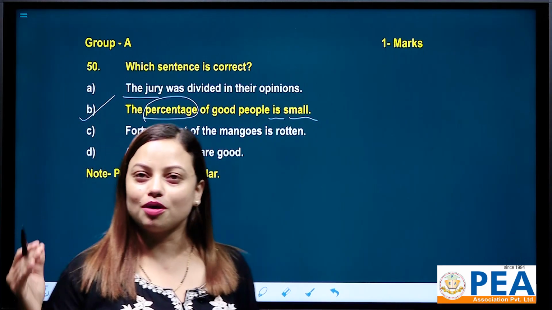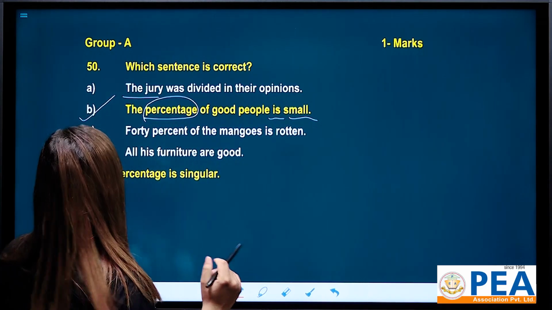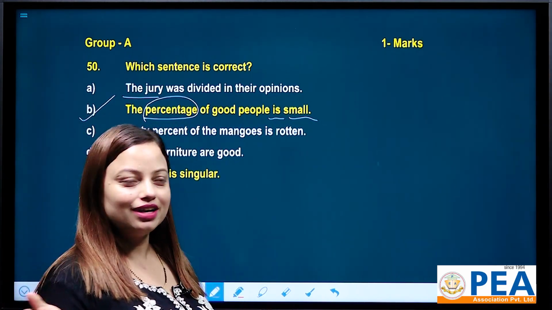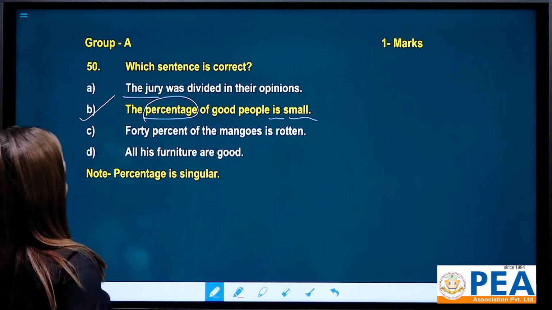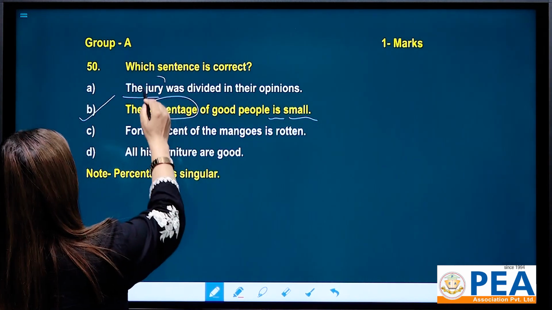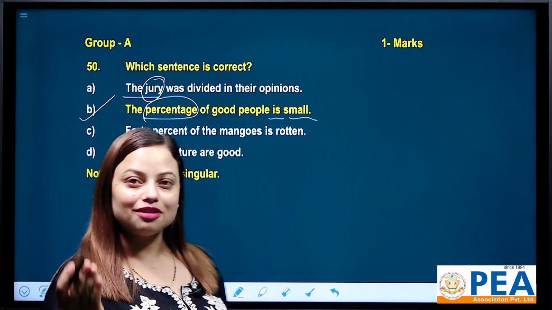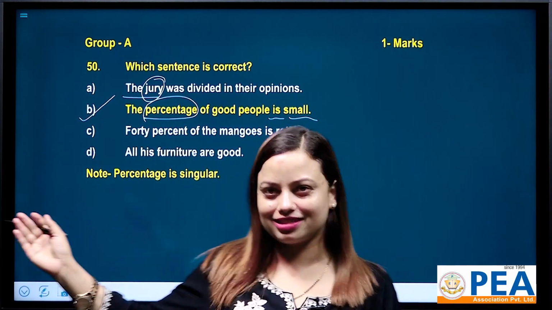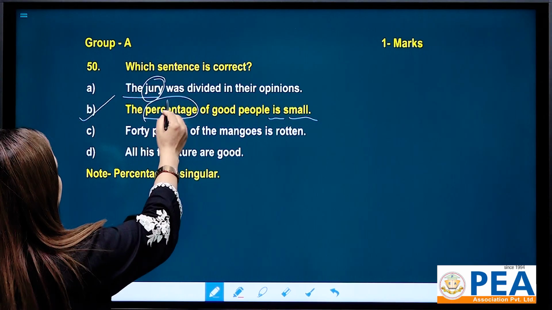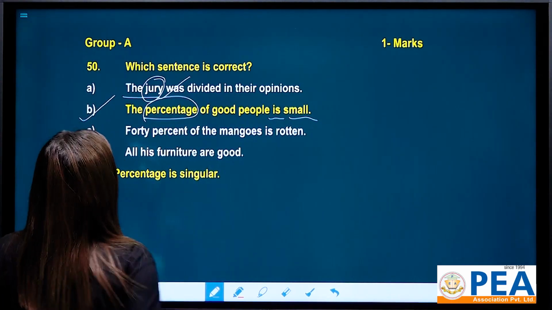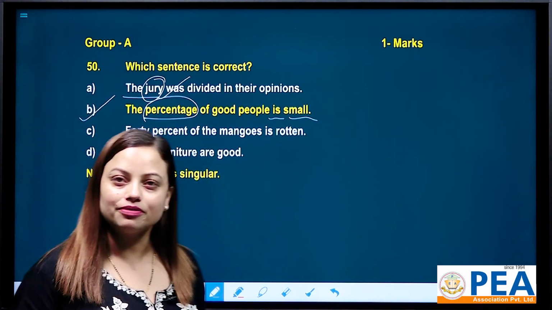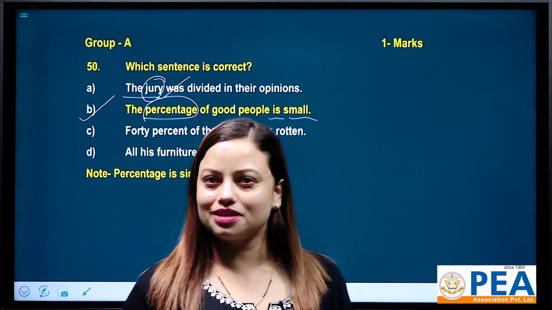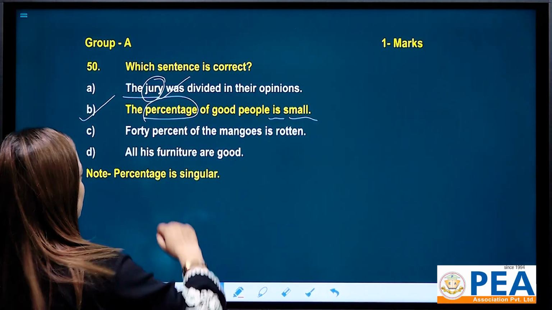But what about option number A, option number C and option number D? In terms of option number A, our subject is jury. It can be plural, it can be singular. But in this sentence, the jury has a past singular auxiliary verb, that is was, right?